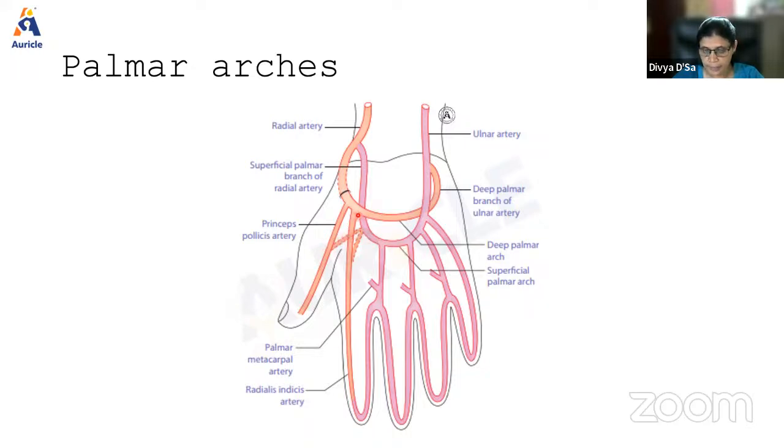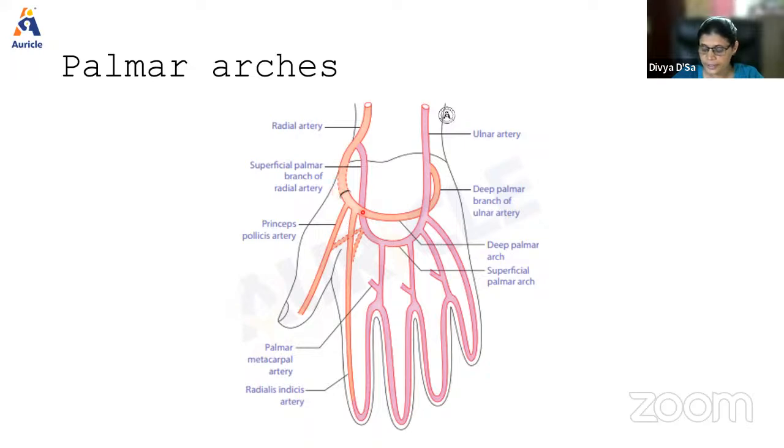Next, the deep palmar arch. The deep palmar arch is the direct continuation of the radial artery. The arch is completed on the medial side by anastomosing with the deep palmar branch of the ulnar artery. The radial artery enters the palm from the dorsal aspect of the hand by passing between the two heads of the first dorsal interosseous muscle.